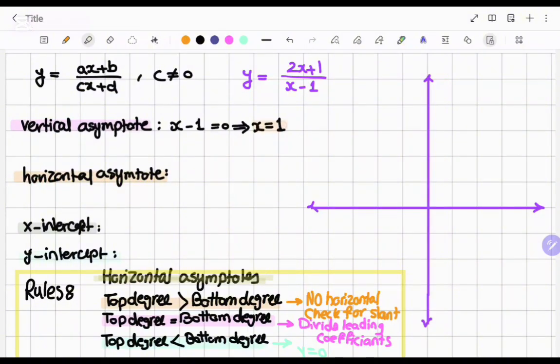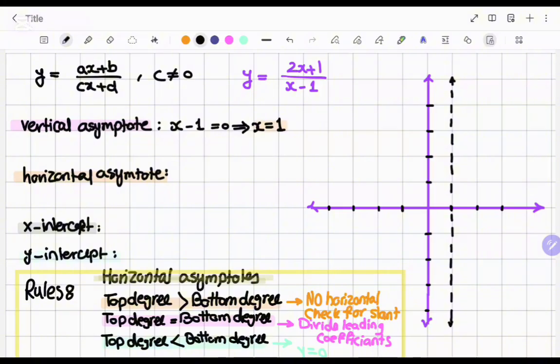So over here, x equals 1 is the vertical line that the graph is never going to go through. So I'm going to graph the line x equals 1, and I'm going to graph it dotted because I want to show that the graph is never going to go through this line, but it's going to get so close to it. So that's my vertical asymptote.